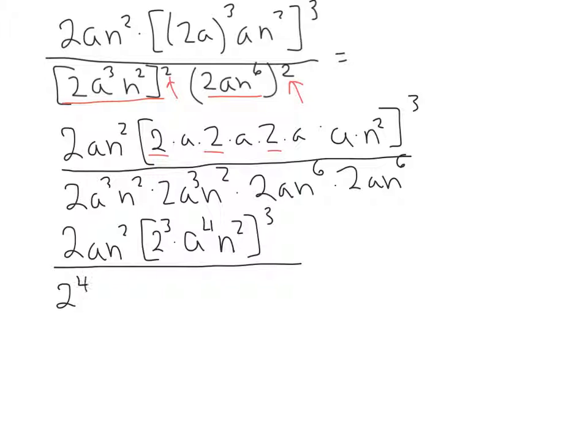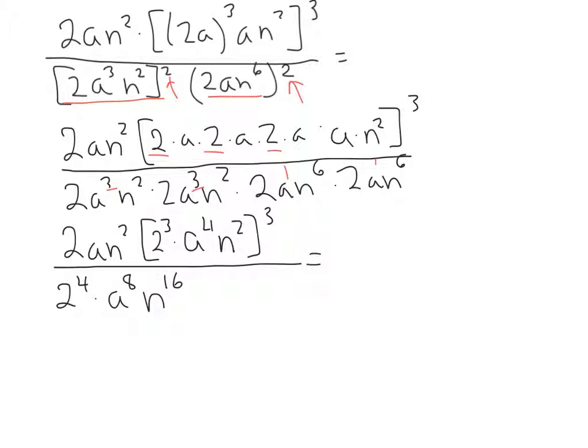So 2 to the 4th. We'll count our a's. There's 3, 6, 7, 8 a's, so that means a to the 8th, and we'll simplify our n's. There's 2, 4, and 12 more is 16, so that's n to the 16th.